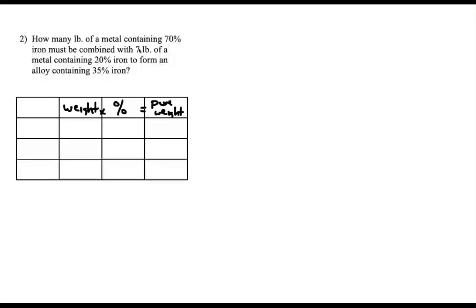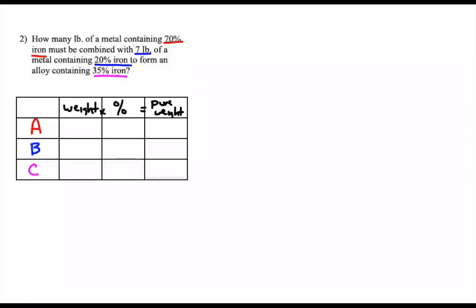So the first one is A, which is 70% iron. The second one is B, and B is 7 pounds of 20% iron. And we're trying to make one, C, that is 35% iron.